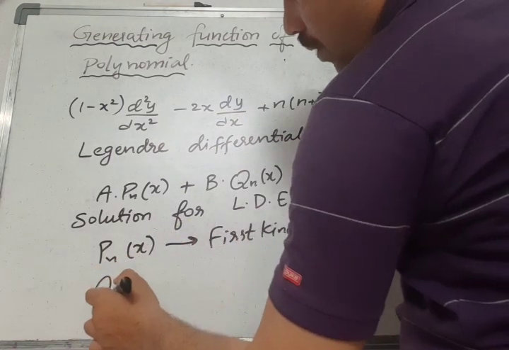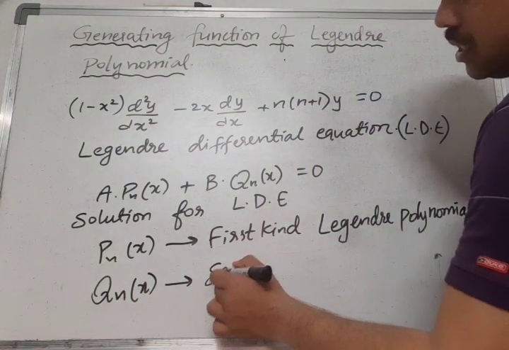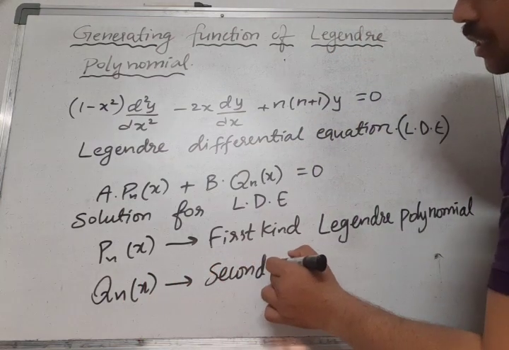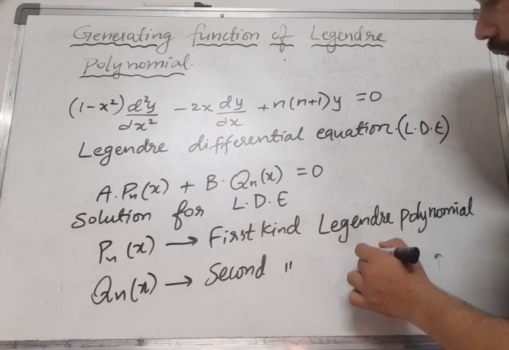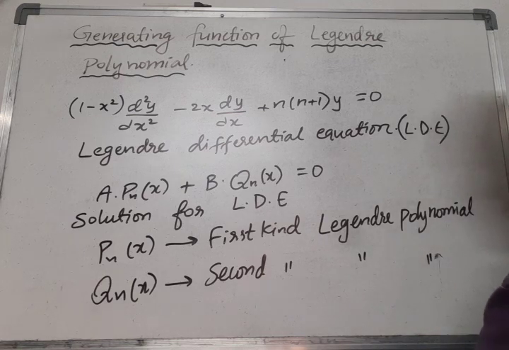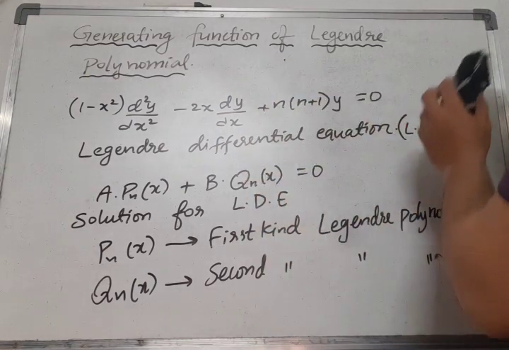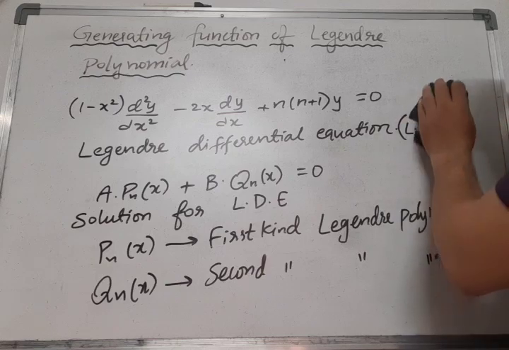And Qn of x is called the second kind Legendre polynomial. Right? Next, this is clear up to here, right?